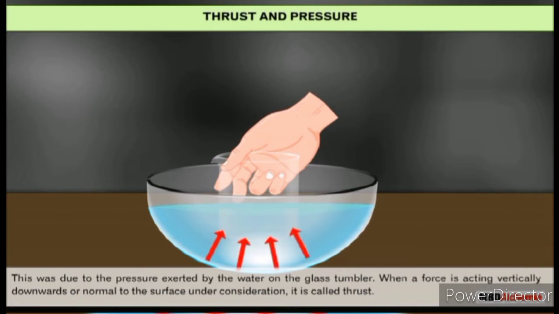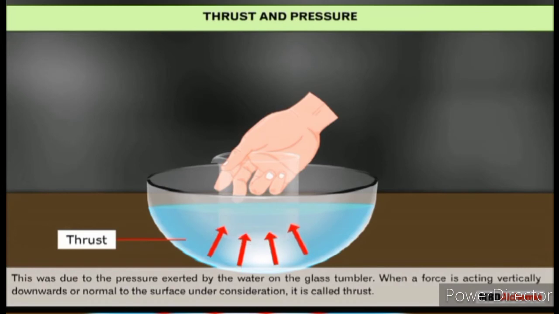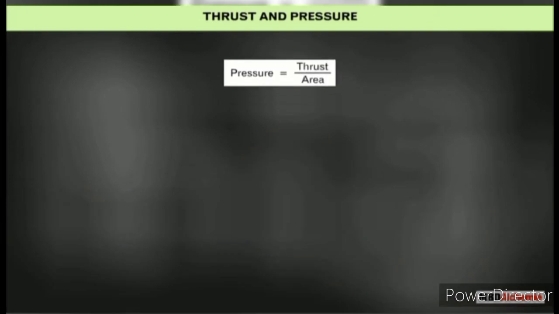When a force is acting vertically downwards or normal to the surface under consideration, it is called thrust. Therefore, pressure can also be defined as thrust per unit area. Pressure is equal to thrust upon area.